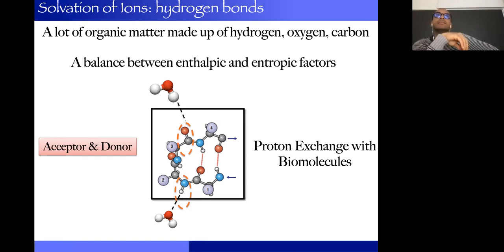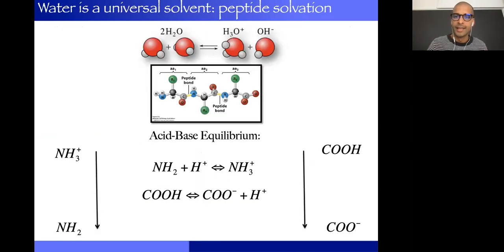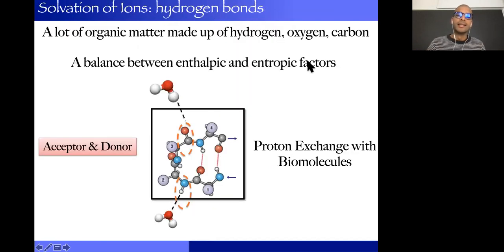I think it's minutes. So it's very slow, unless you have a catalyst. So if you introduce a catalyst like a hydroxide ion, like this object here, then you can catalyze the exchange, but it's a very slow process.